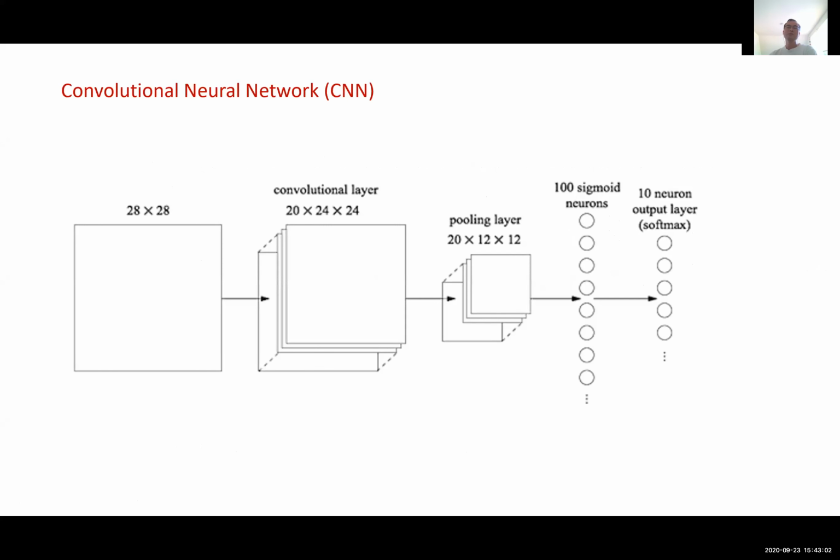Okay. For the purpose of what we want to talk about today, we want to have an image. For example, I may write a 0, or I may write a 1. I want to distinguish 0 from 1. And the network being used is also a convolutional neural network. Basically, it's just coarse-graining.